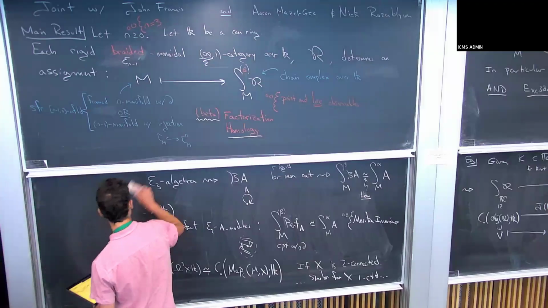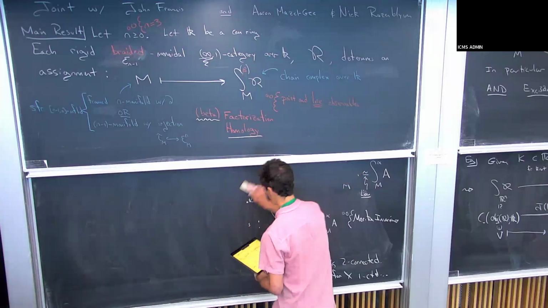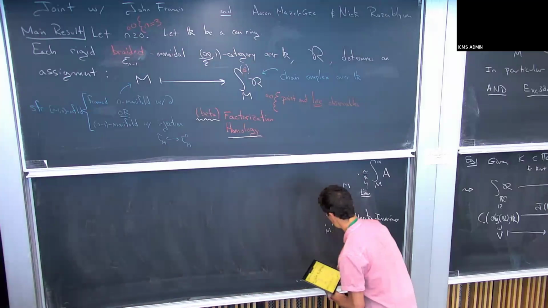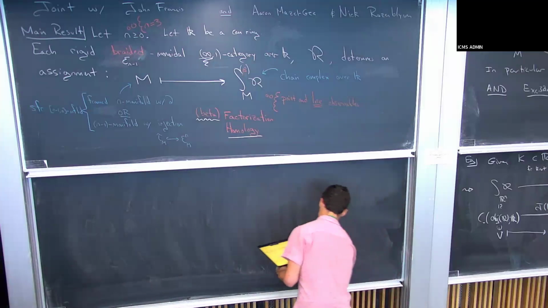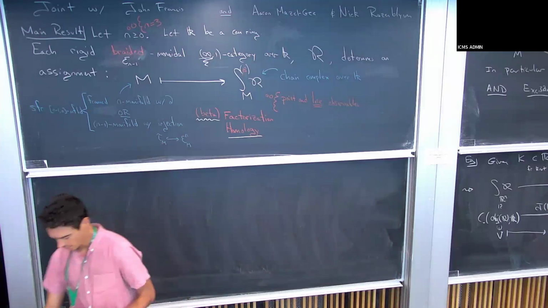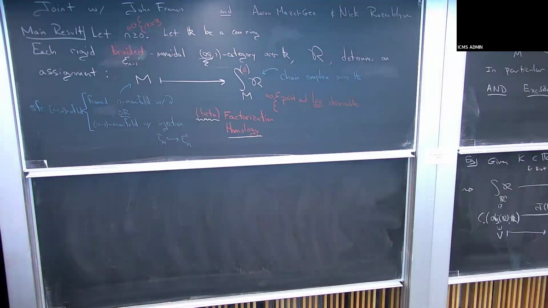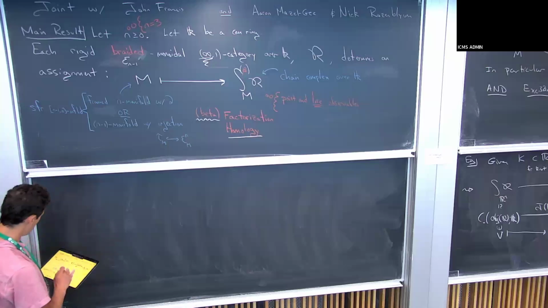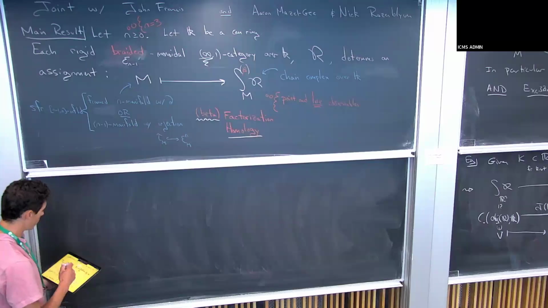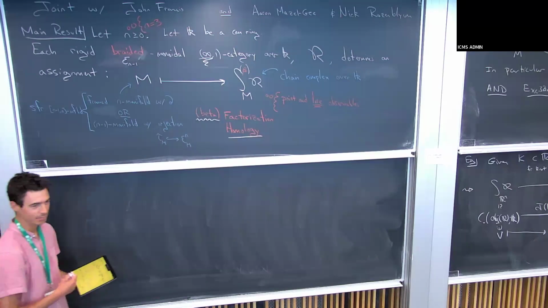There are some corollaries of this. Logically, they do follow as corollaries of this assignment with the features that I've mentioned. But actually, both of what I'm going to say are statements that we prove first in order to prove the main result.